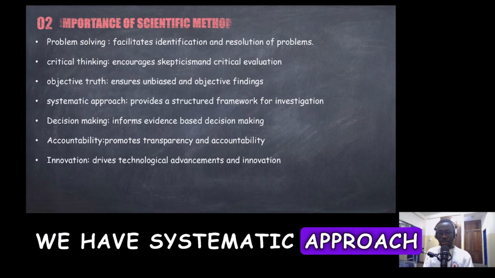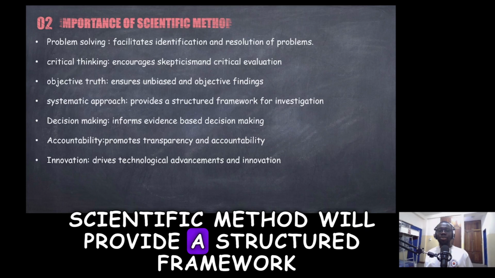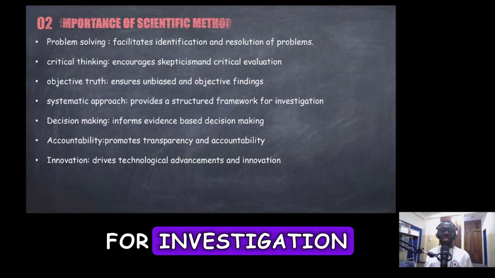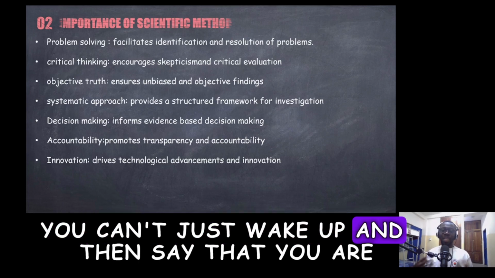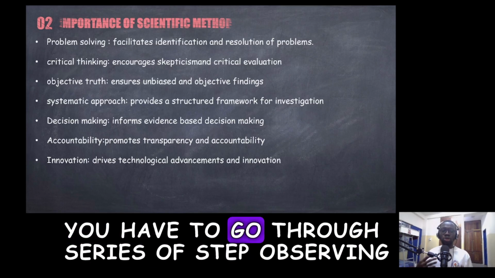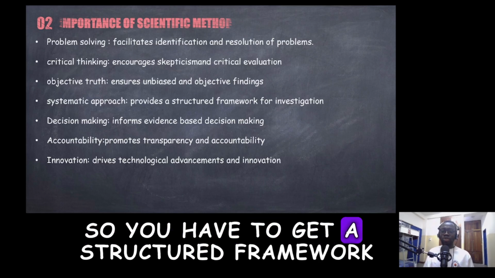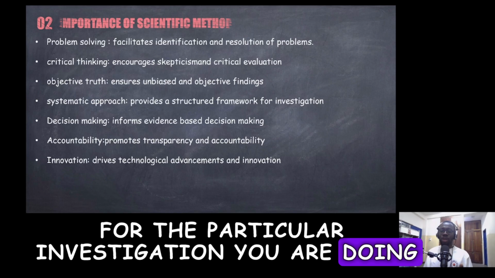We have a systematic approach, which provides a structured framework for investigation. So the scientific method will provide a structured framework for investigation. You can't just wake up and say that you are just going to solve a problem. You have to go through a series of steps: observing, forming a hypothesis, experimenting. So you have to get a structured framework for the particular investigation you are doing.